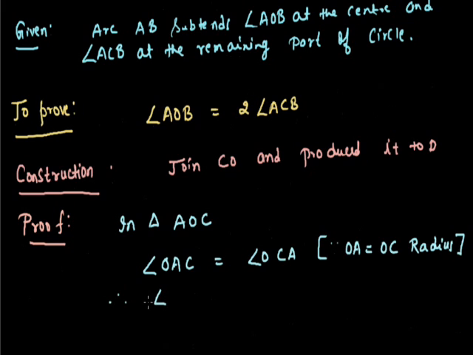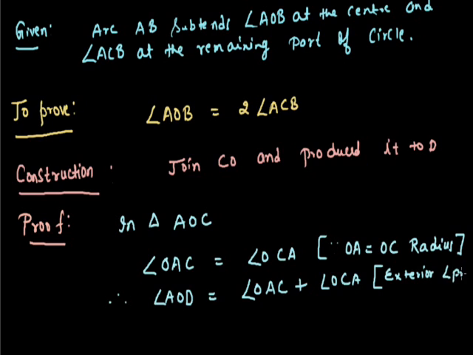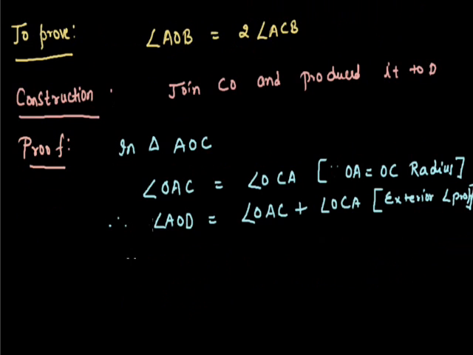Therefore angle AOD is equal to angle OAC plus angle OCA, by exterior angle property. Or we can write angle AOD is equal to twice of angle OCA because angle OAC is equal to angle OCA. This is the first equation.